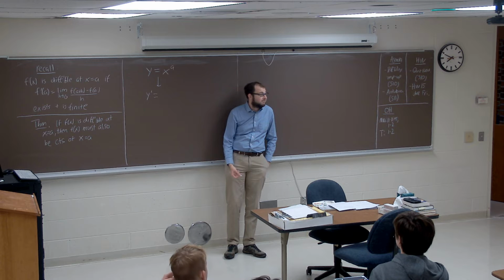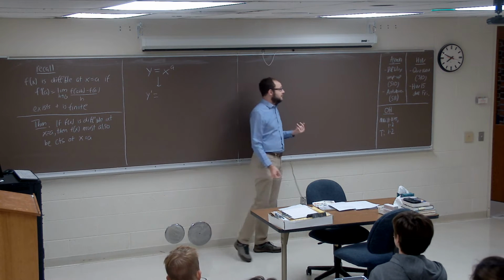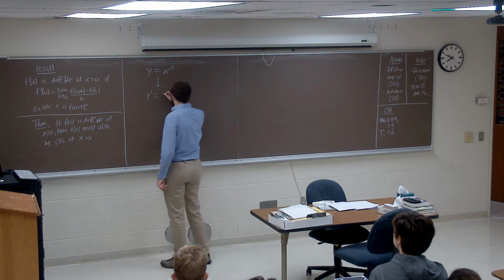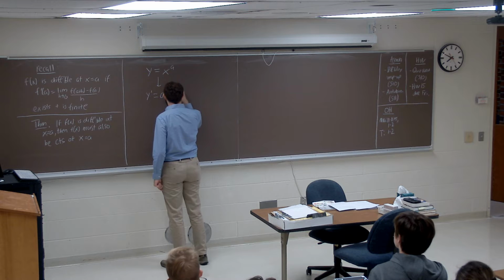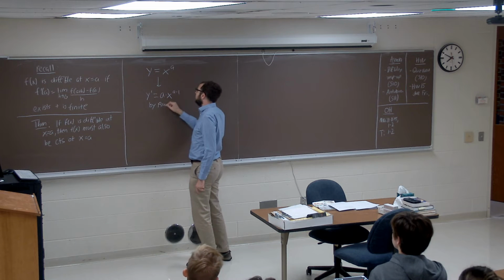Anna? Yeah, you'd use the power rule on that. You have x to the power of a constant number, which in order to differentiate, you would get a times x to the a minus 1 by the power rule.